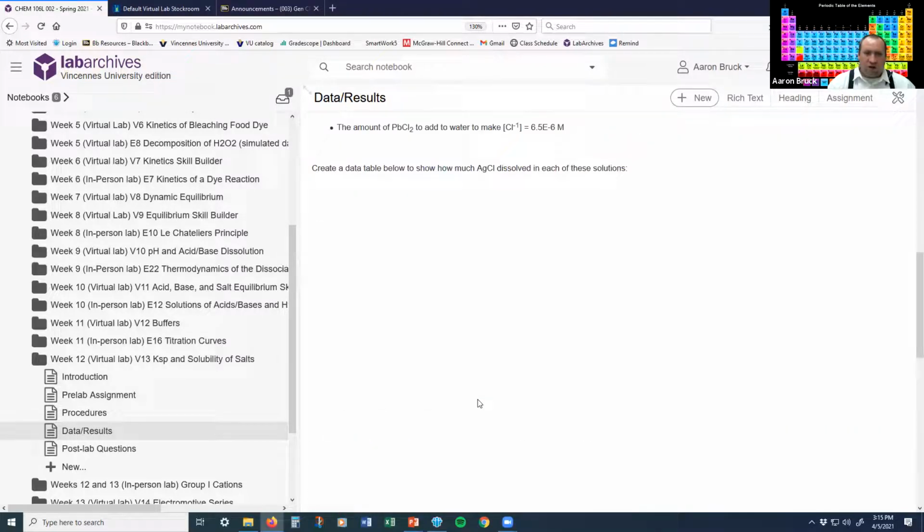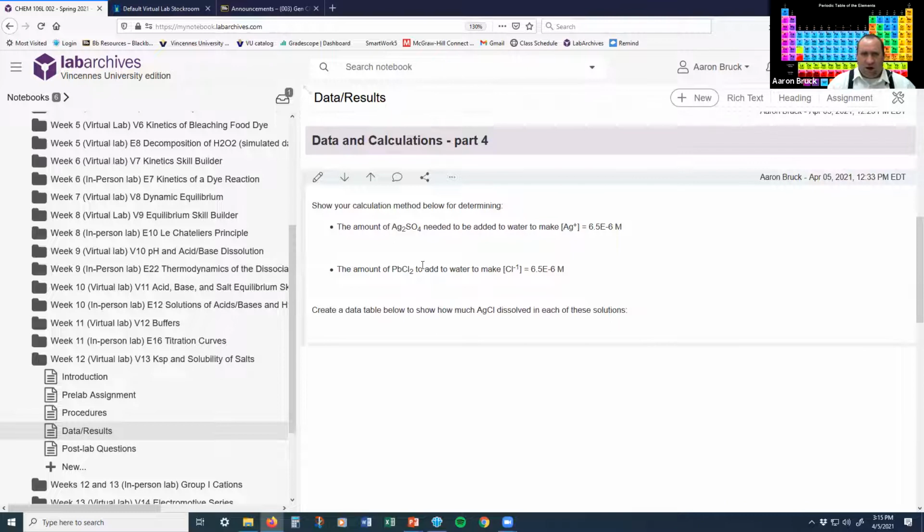And then you're going to do some work here with the common ion effect, where you look at, first of all, how much of each of these materials you need to get the concentrations at this level, and then how much silver chloride actually dissolves when you do that. So that is ultimately what you are going for in this experiment.